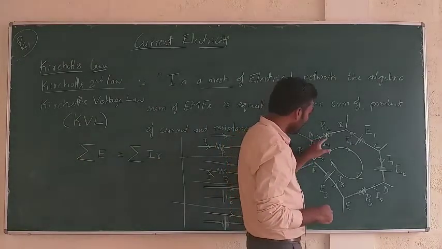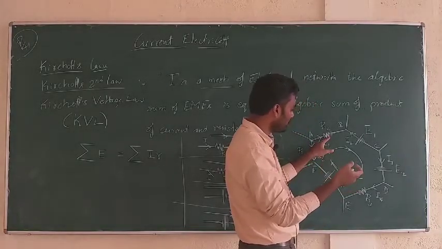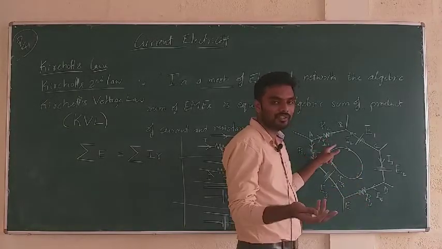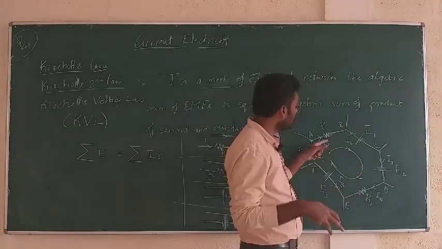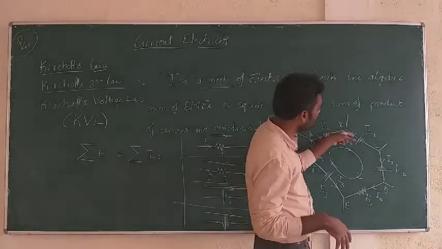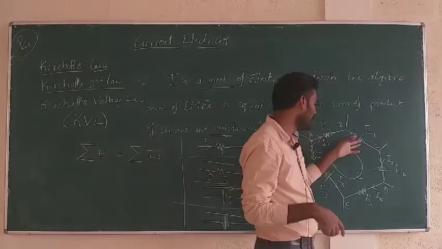From A, first I see a resistor. I do not see any source of EMF. The source of EMF is a cell, so I do not see a cell, I neglect it. Then I move forward and I see the first cell.